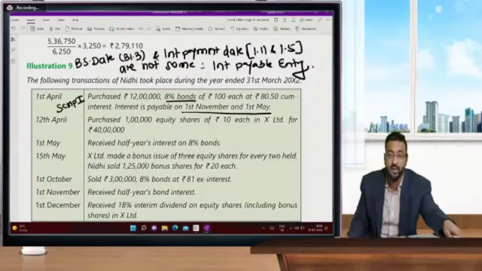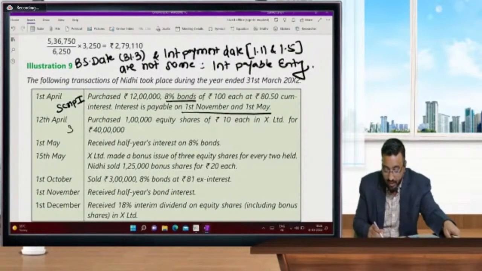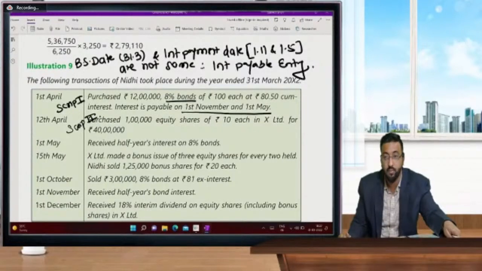Interest payable entry. ठीक है? Purchase equity shares. So this is script number 2. Okay, script number 2. Received half year interest on 8% bonds.